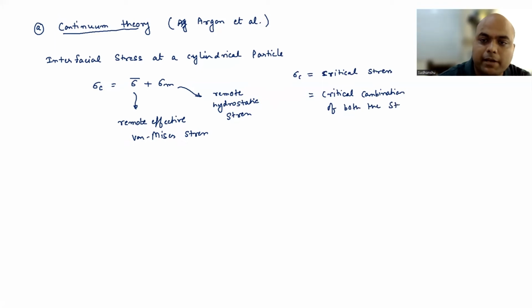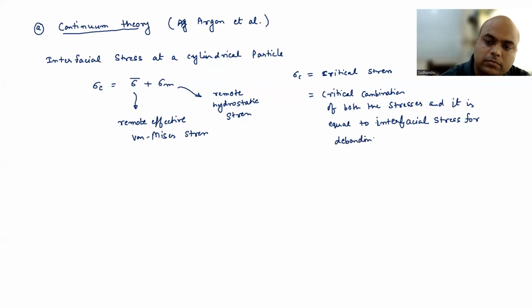So sigma bar and sigma M, and it is equal to the interfacial stress for debonding to occur. Okay.